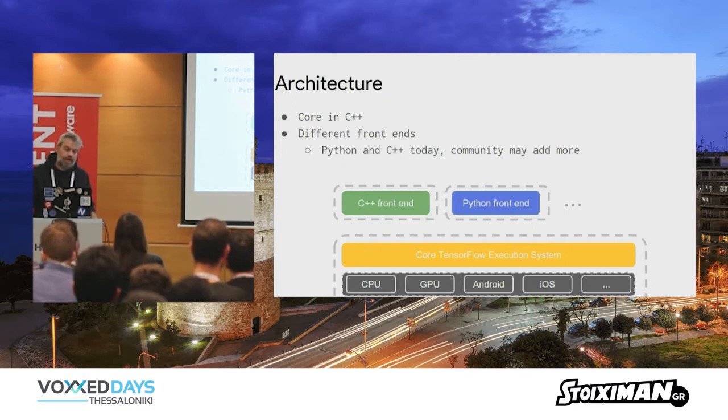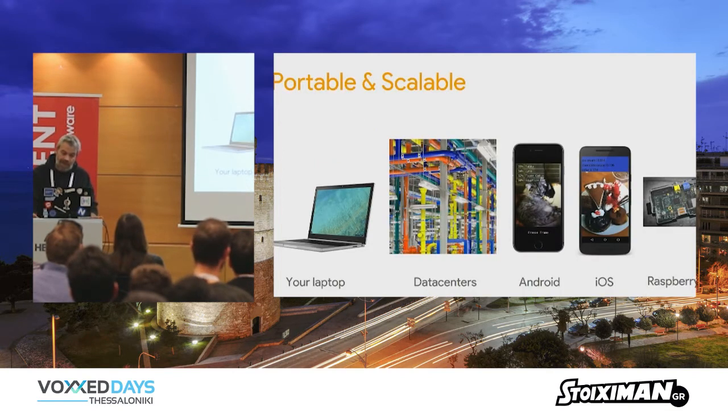If you work on TensorFlow, please try to do other platforms, because it's nice to explore new platforms for TensorFlow. It runs on Android, iOS. It's got an optimized GPU and cloud mainly. Portable and scalable. You can use it on your laptop, data center, cloud, Android, iOS, and hardware like a Raspberry Pi.